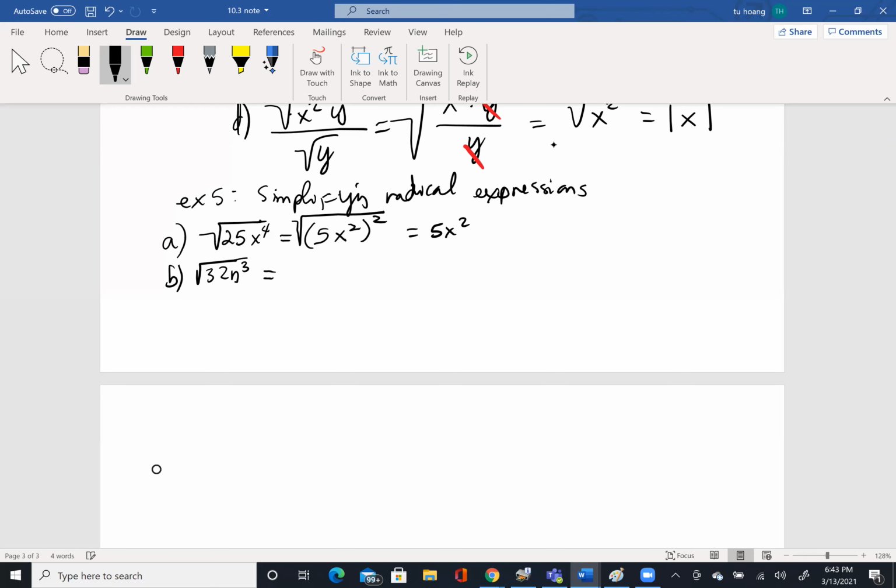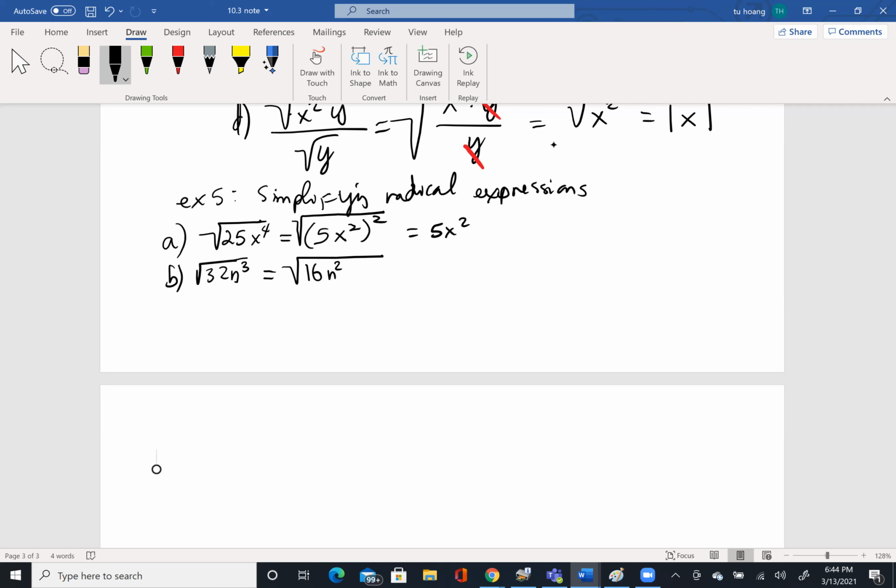Okay, for this one, you must start by trying to find the one that has the larger perfect square factor. So the largest perfect square factor would be 16 and n squared.